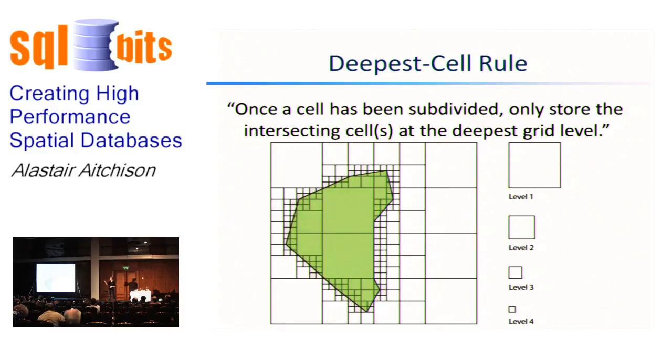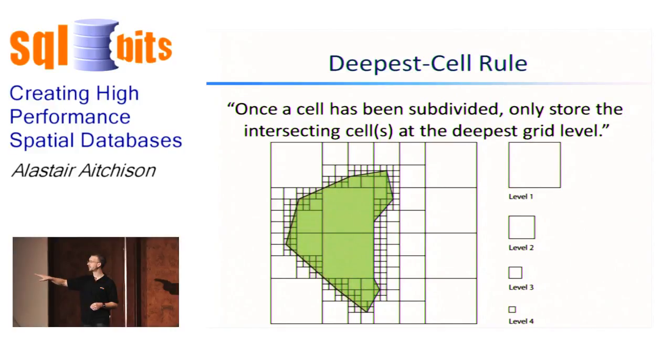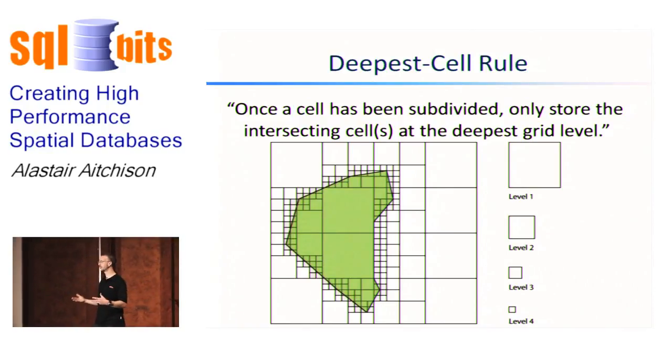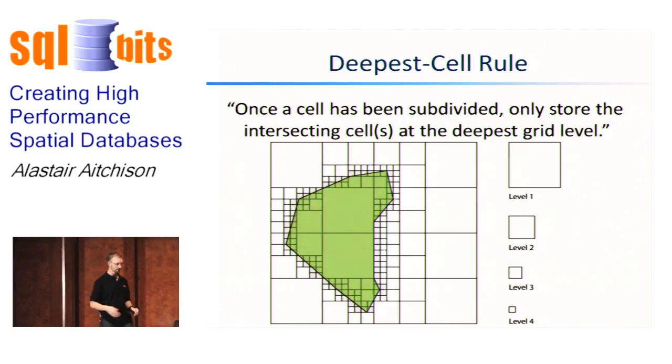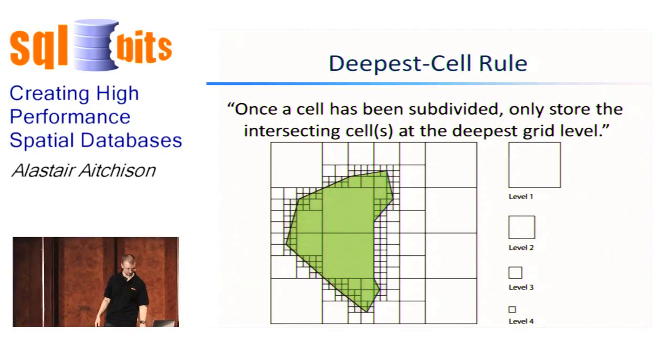So if we know that one of those tiny little grid cells there at level 4 partially intersects the geometry, we know, again by implication, that the level 3 cell in which it lies must partially intersect the geometry, because the part of it that contains that level 4 cell intersects it. So when we have drilled down to a deep level, don't bother storing the level 1 and the level 2 cells. That's the second rule.